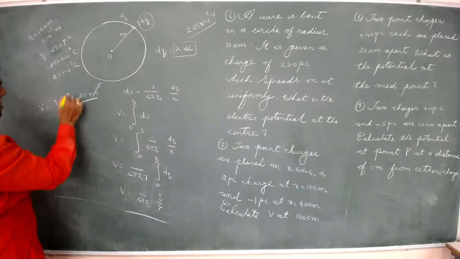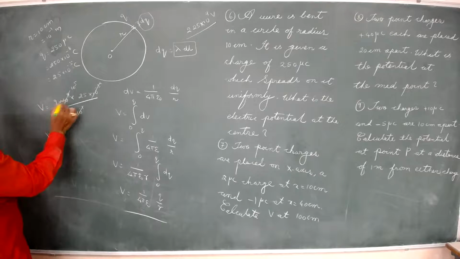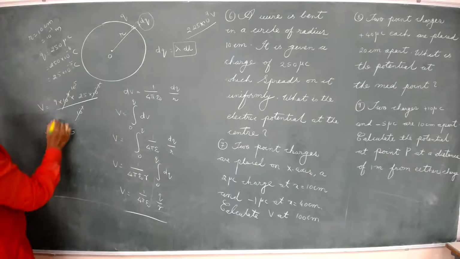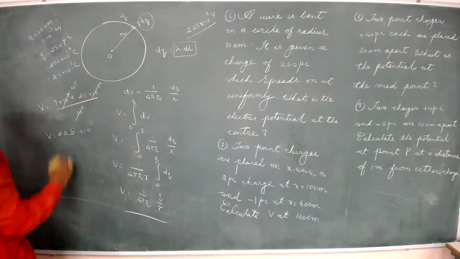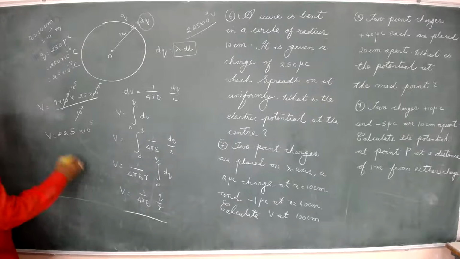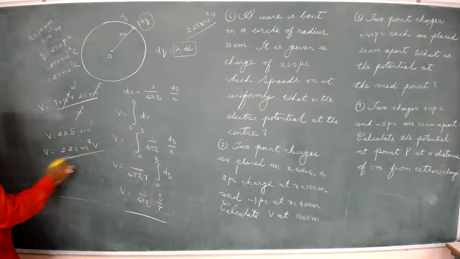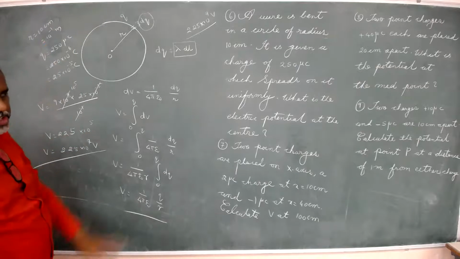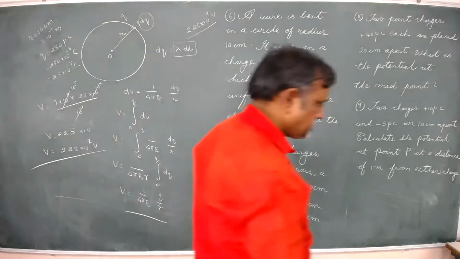So this is 10 power minus 4, this is 10 power 5. So V is equal to 225 into 10 power 5, which is 2.25 into 10 power 7 volt. So this is the answer. The answer is correct. Come on, note it down.